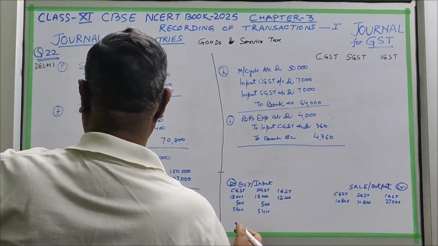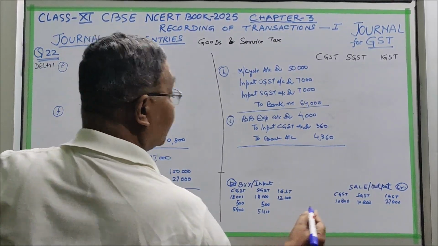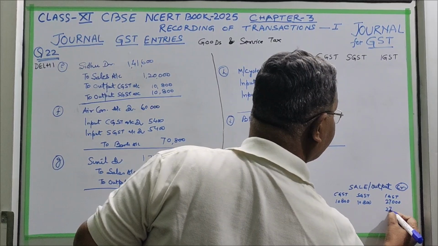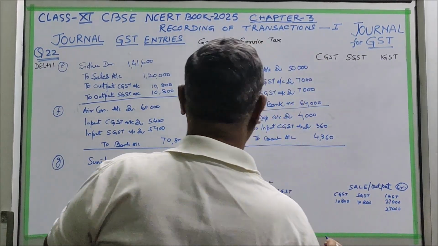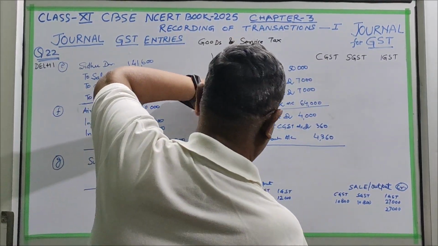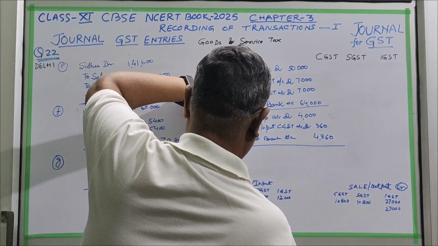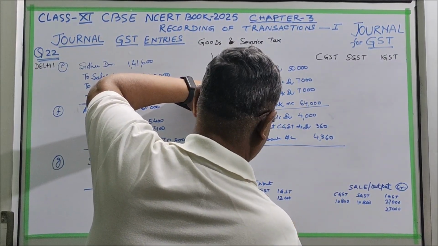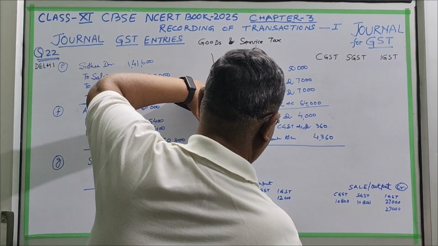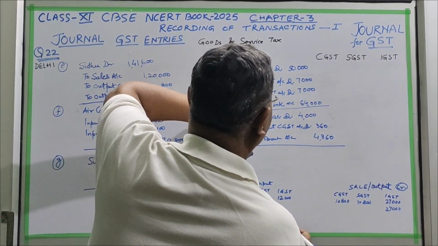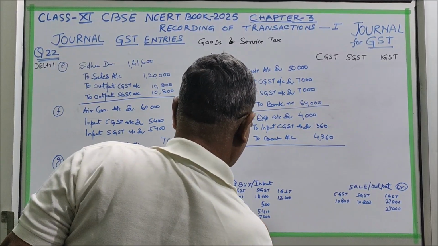Then output IGST 27,000. Then input 7,000, 7,000 and 360, and here nothing is there.